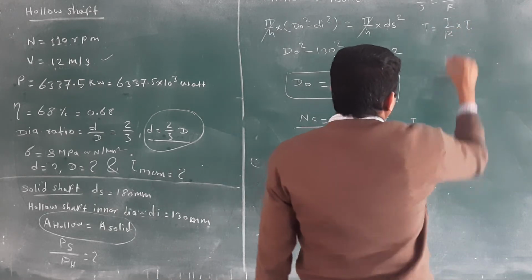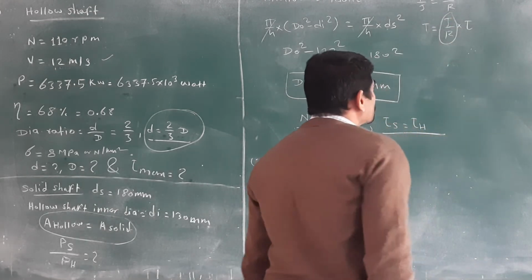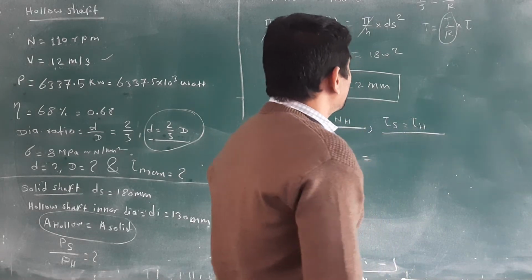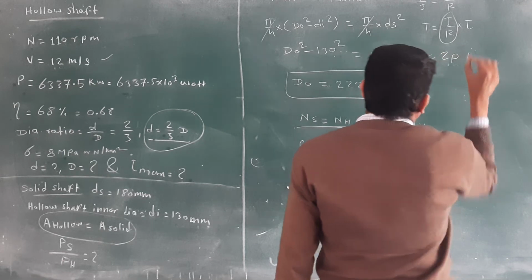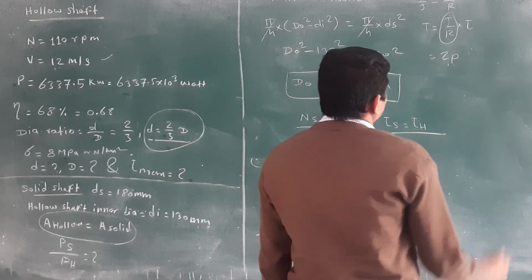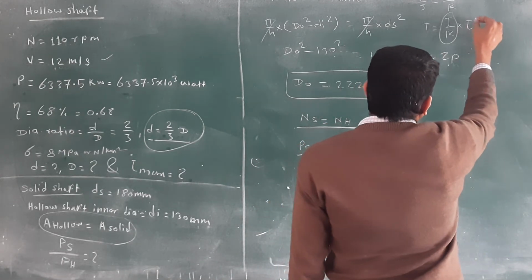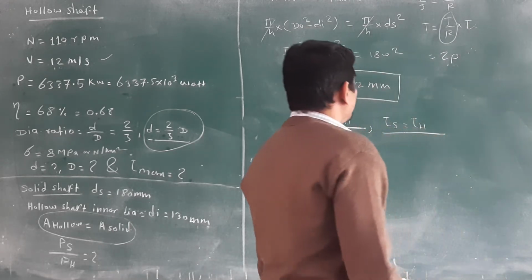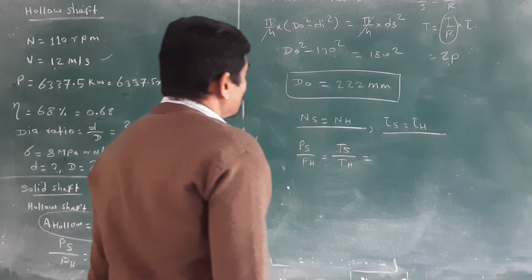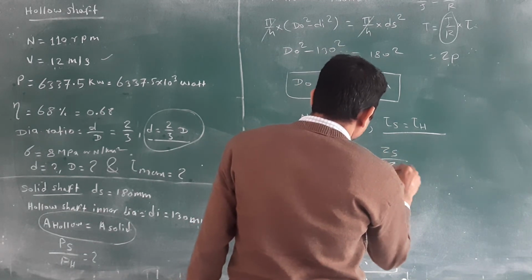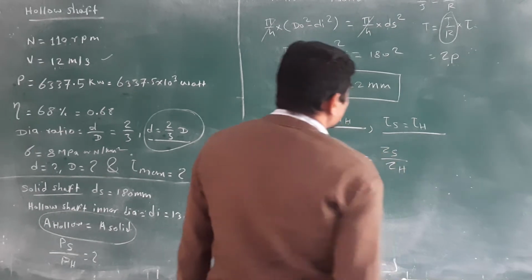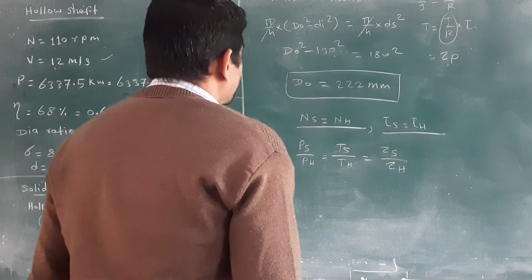What is J by R? We have seen J by R is the polar section modulus, ZP, and tau is the same. That's why we mentioned tau. You will get the new relation: T is equal to ZS by ZH.